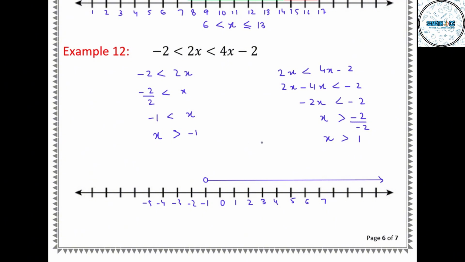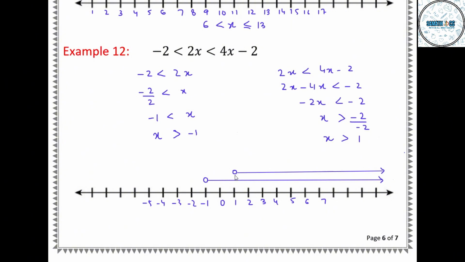Then x is greater than 1. We can see x is greater than -1. These are all the values which are according to this inequality. And according to this, we have x is greater than 1.